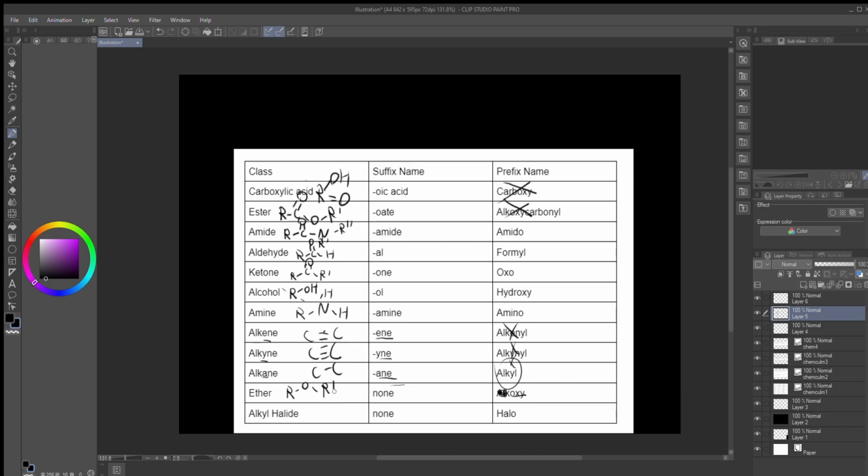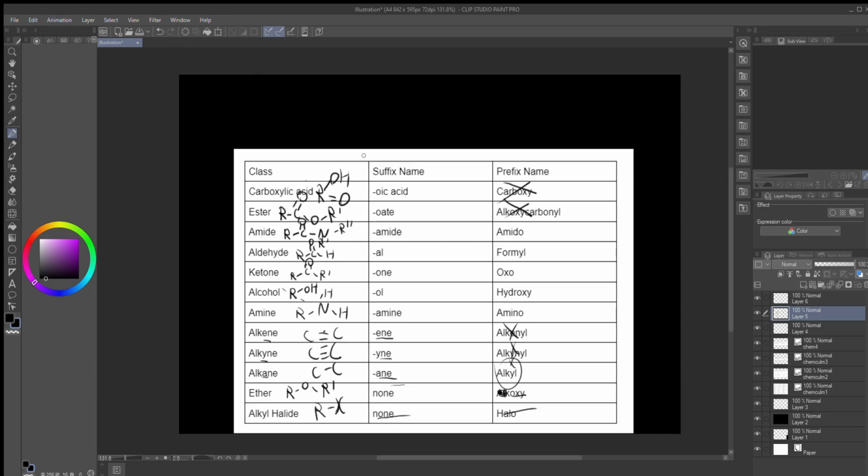As the name might suggest, there you will find halogens. So it will basically look like the carbon main chain, single bonded to a halogen. This could be fluorine, iodine, bromine, chlorine. No suffix, and the prefix is halo.